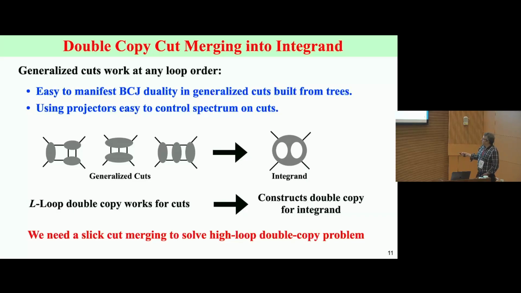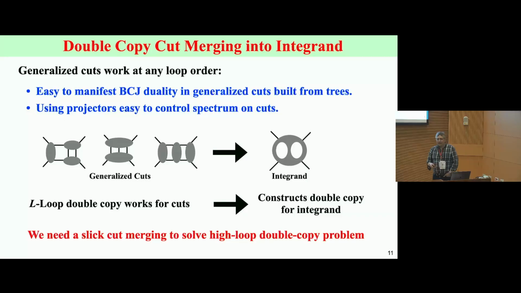Okay, and then what you have to do, the non-trivial step, is you have to take these cuts and merge them into an integrand. So if you'd like to claim that the double copy works at L loops, all loops, then what you need is a way to go from this side to that side that's smooth, that's easy to use.